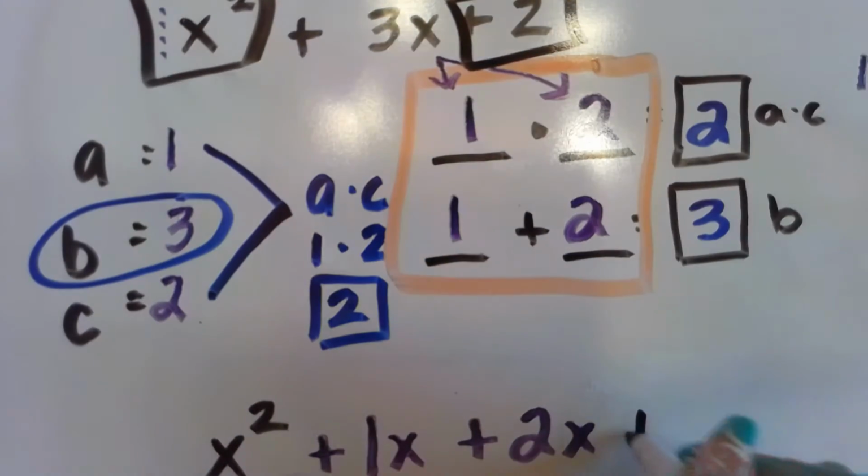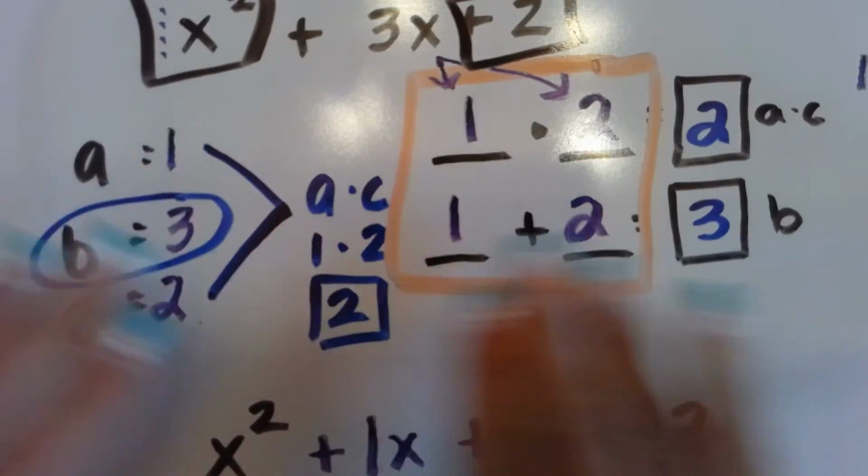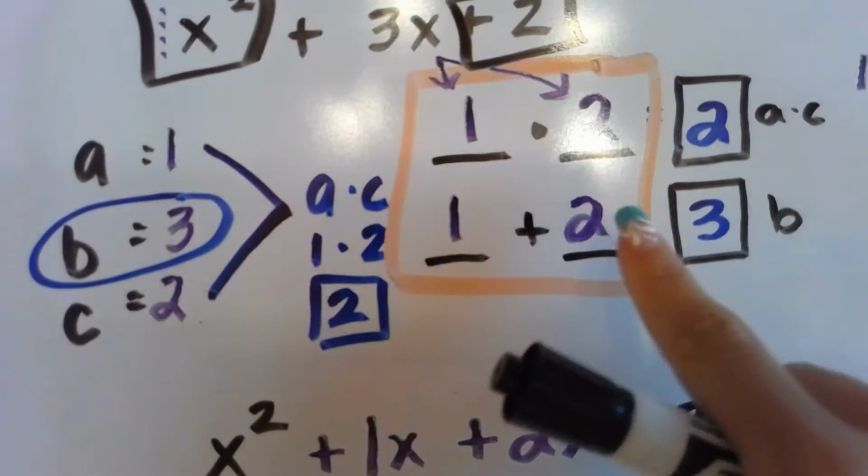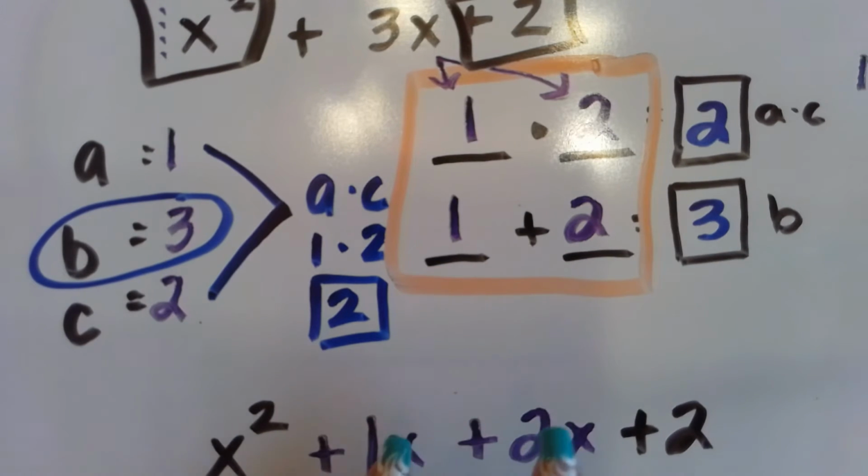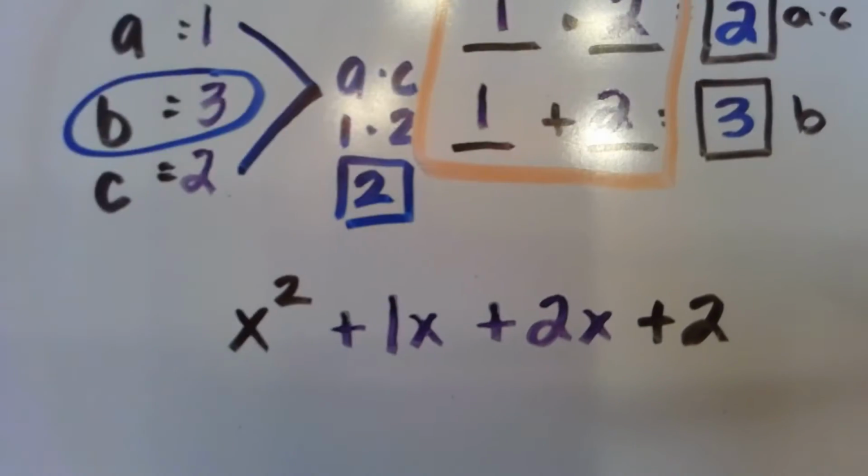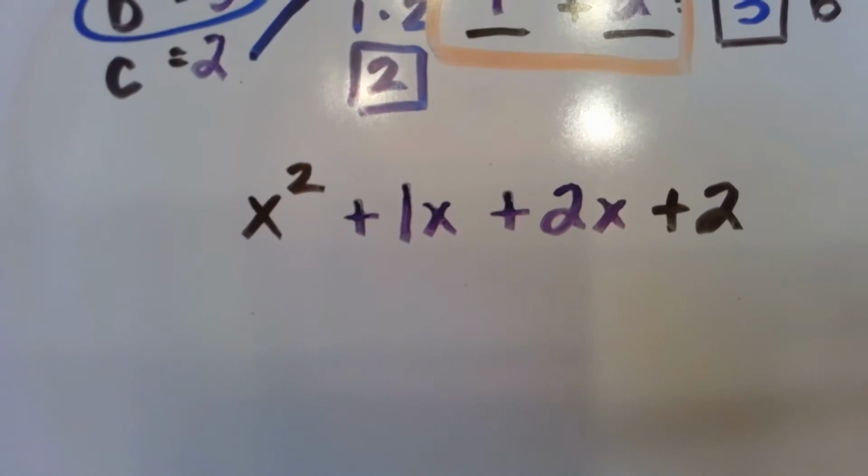And I'm going to write plus 2. So essentially, why we do this is because we're replacing our B with 2 pieces right here, so we can factor by grouping. Okay, so now I'm going to scoot down and we're going to factor by grouping.